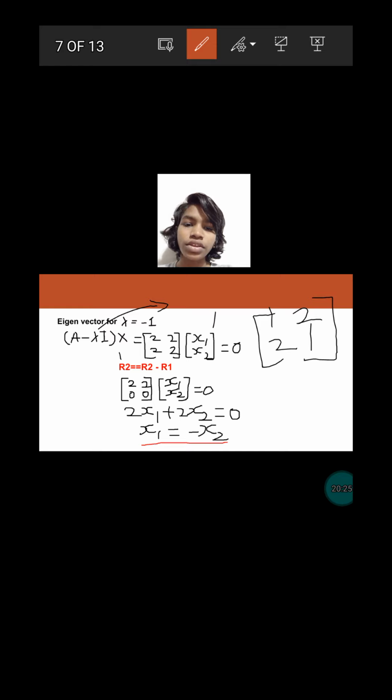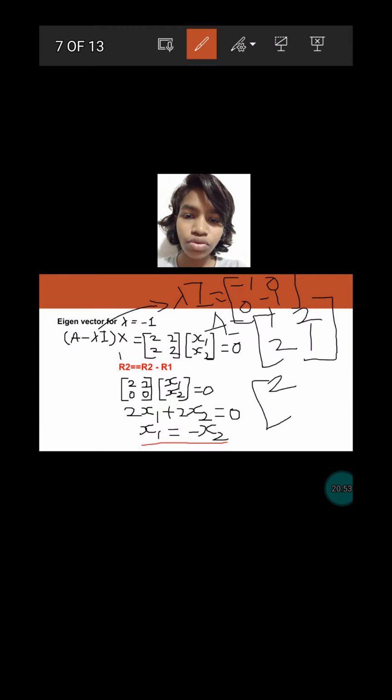With lambda equals minus 1, 1 minus of minus 1 equals 2, and 2 minus 0 equals 2, and 2 minus 0 equals 2, and 1 minus of minus 1 equals 2.